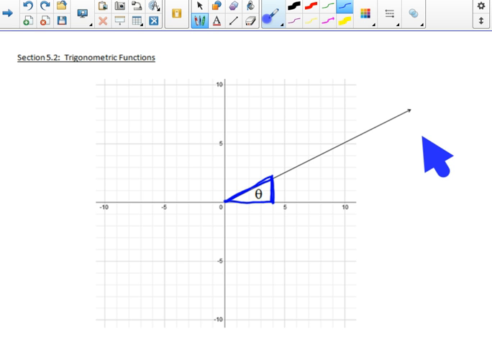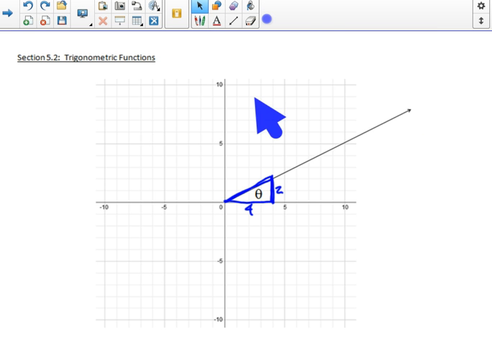Now, if you have over 4 and up 2, then based on what we said at the end of the last video, you can easily find this hypotenuse using the Pythagorean theorem.